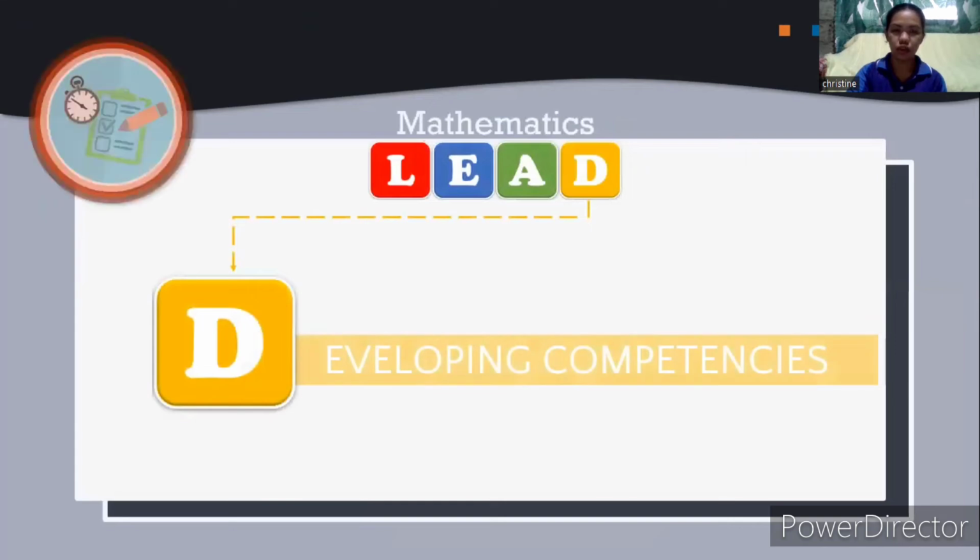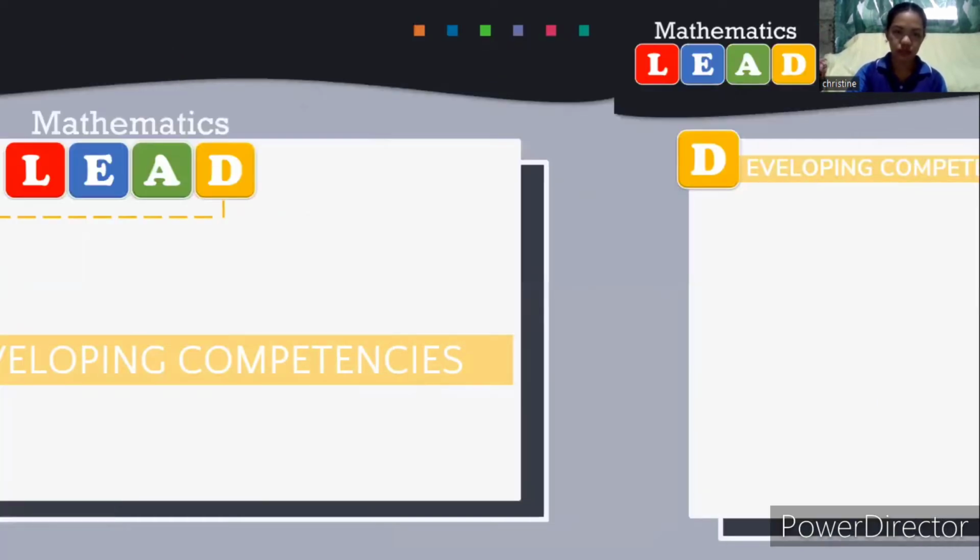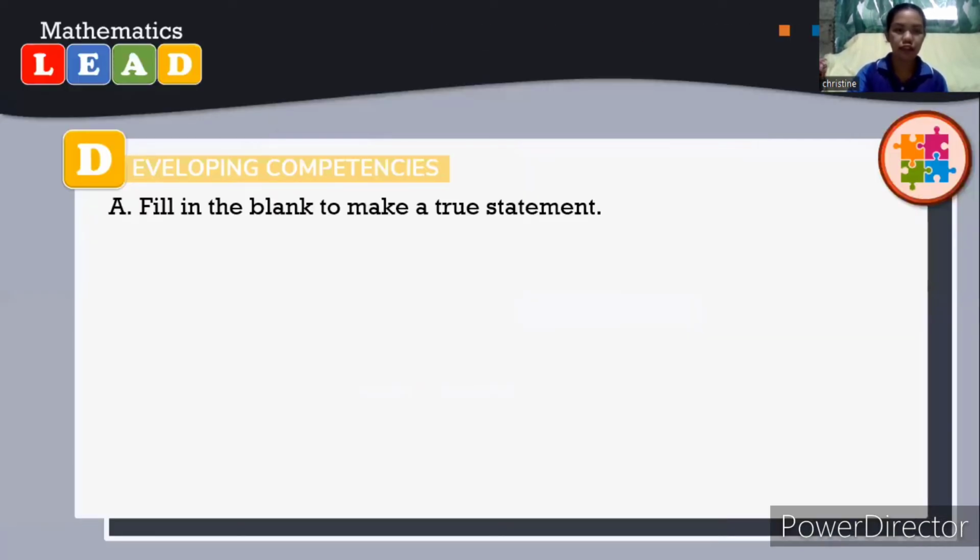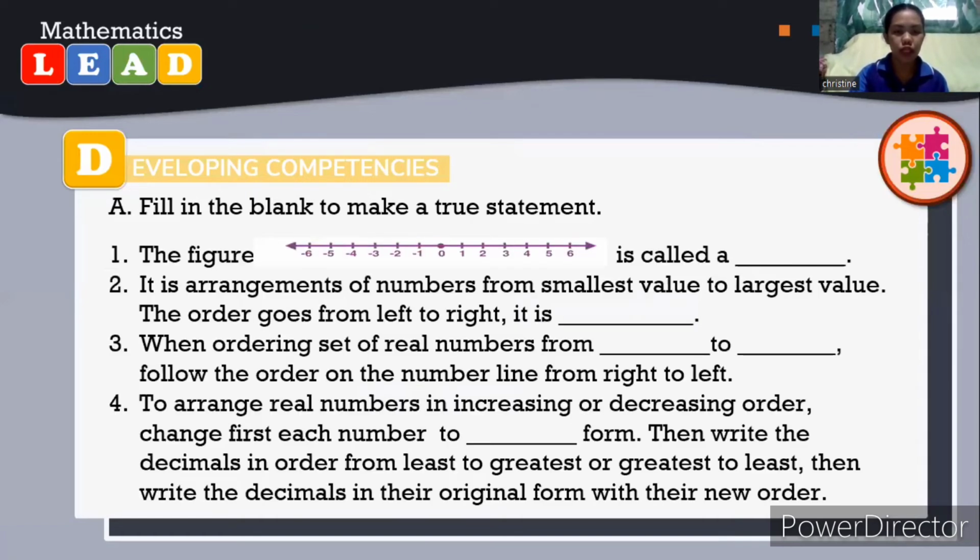So now let's proceed with developing competencies to test your knowledge about our topic. Fill in the blank to make the statement true. Number 1, the figure provided by the PowerPoint is called blank. Number 2, it is the arrangement of numbers from smallest value to largest value. The order goes from left to right. It is blank.